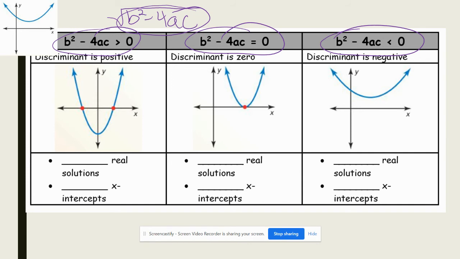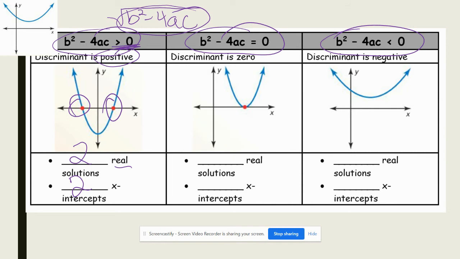So if underneath the radical you have b squared minus 4ac is greater than 0, that means that's a positive number, and you will have 2 real solutions and 2 x-intercepts, because remember, our solutions are the x-intercepts, as you can see here.